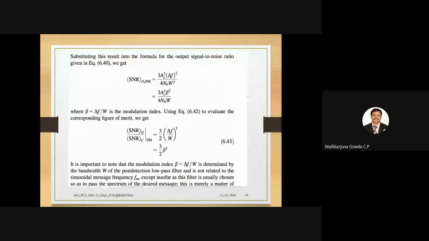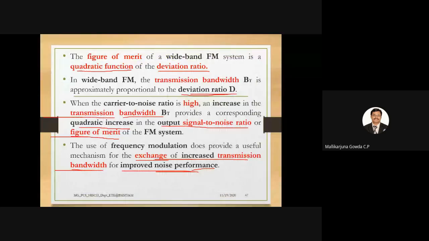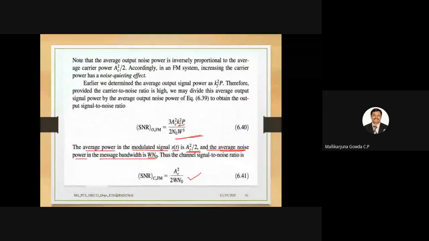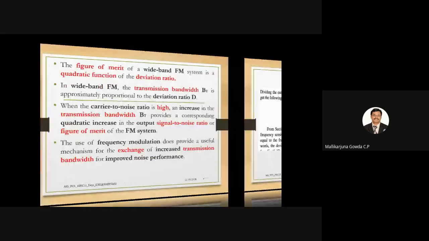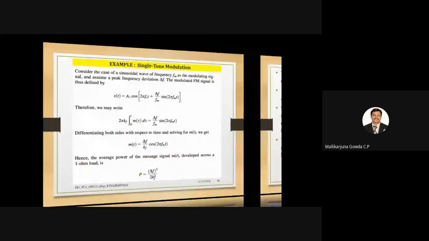In this equation, I am substituting P as delta f whole squared divided by 2 k squared f.